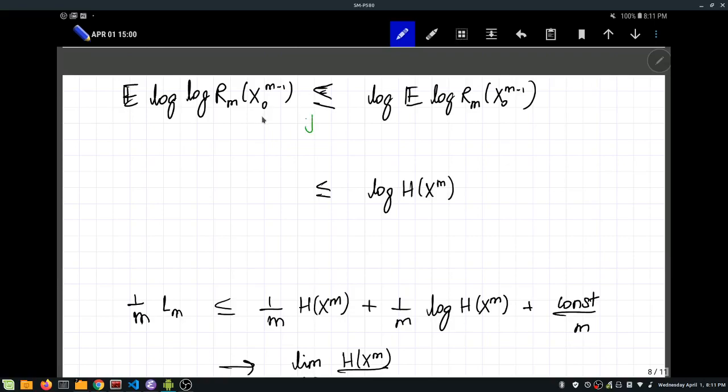Again using Jensen's inequality, the expectation of a log is less than or equal to the log of the expectation, but we've already shown from the previous step that this quantity is less than or equal to h of x_m. So this is less than or equal to log of h of x_m.